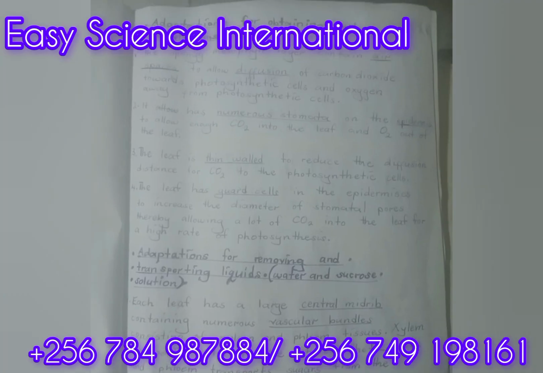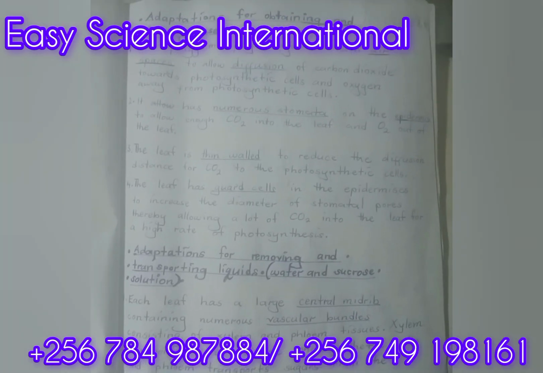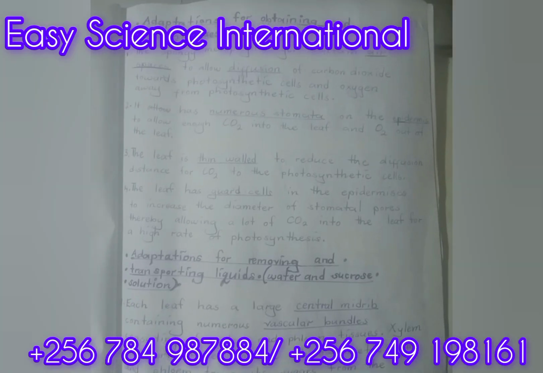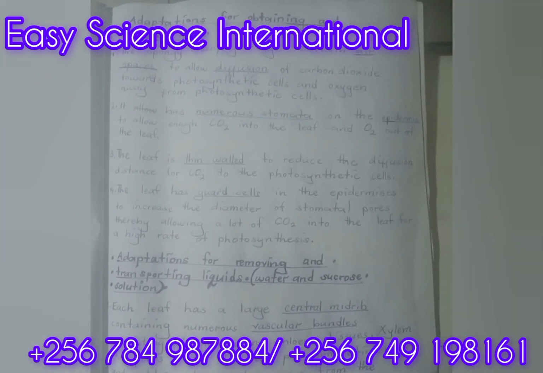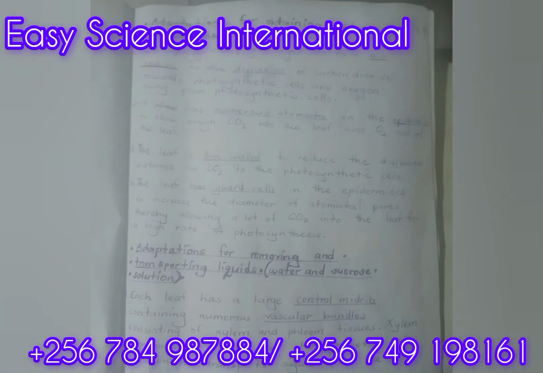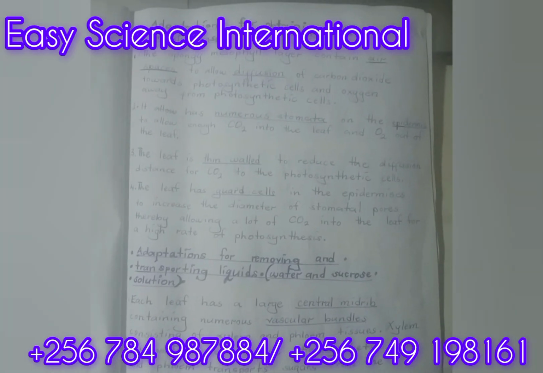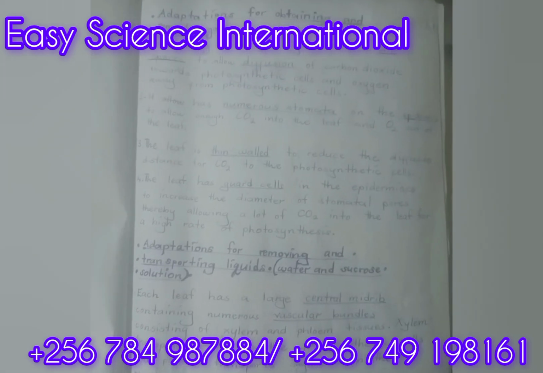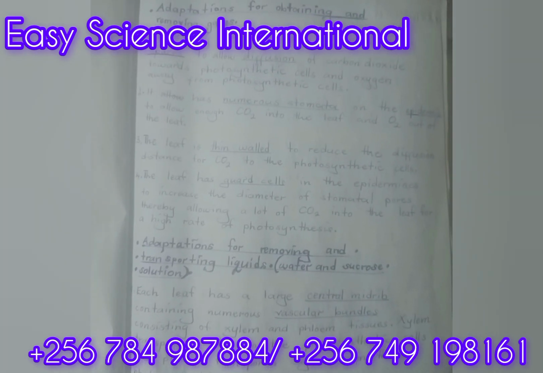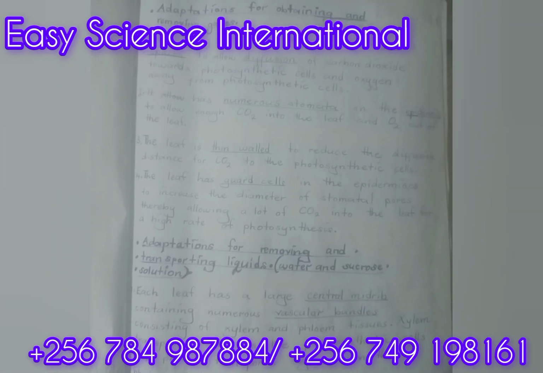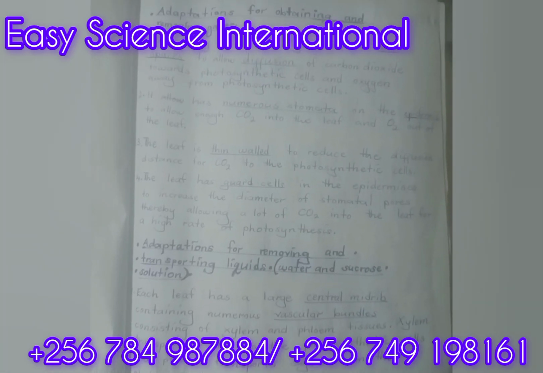Secondly, it has numerous stomata on the epidermis. Basically, this is the lower epidermis for terrestrial plants, and the upper epidermis for aquatic plants. This allows enough carbon dioxide into the leaf and oxygen out of the leaf. Thirdly, the leaf is thin-walled to reduce the diffusion distance for carbon dioxide to the photosynthetic cells.